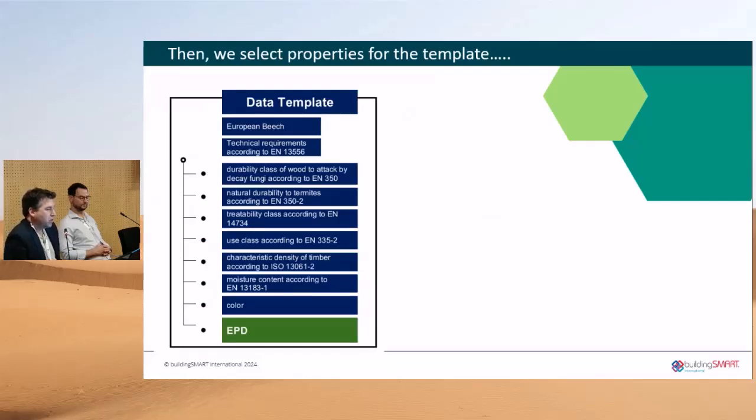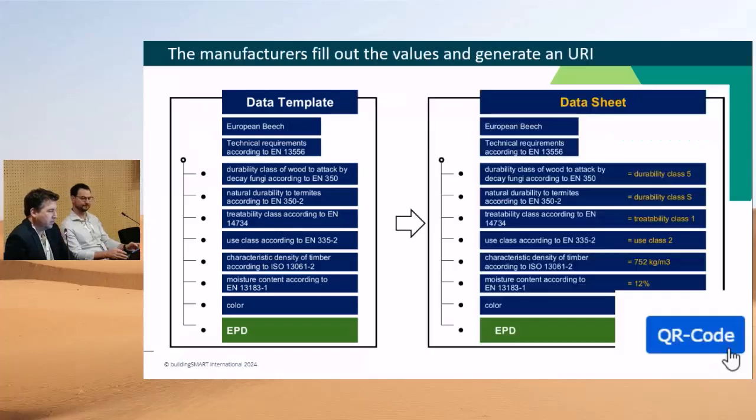So how to go ahead? First, you select the properties out of a data dictionary. You create a template. It's an empty sheet of different properties. Maybe associations can create them. It contains at least the legally required data. And then secondly, the different manufacturers pick up this template and fill out their values.